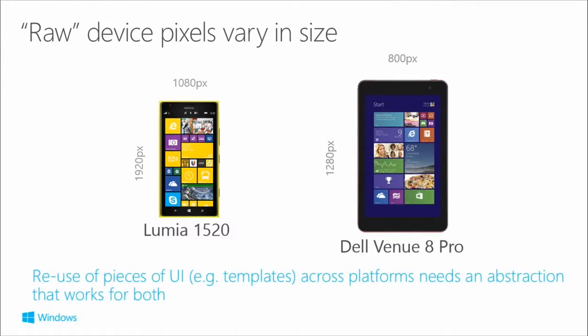Similarly, raw device pixels don't quite work because we have these super high DPI devices, the 1020p on a 6-inch device. That's going to have a lot more pixels than an 8-inch device like the Dell Venue 8 Pro.